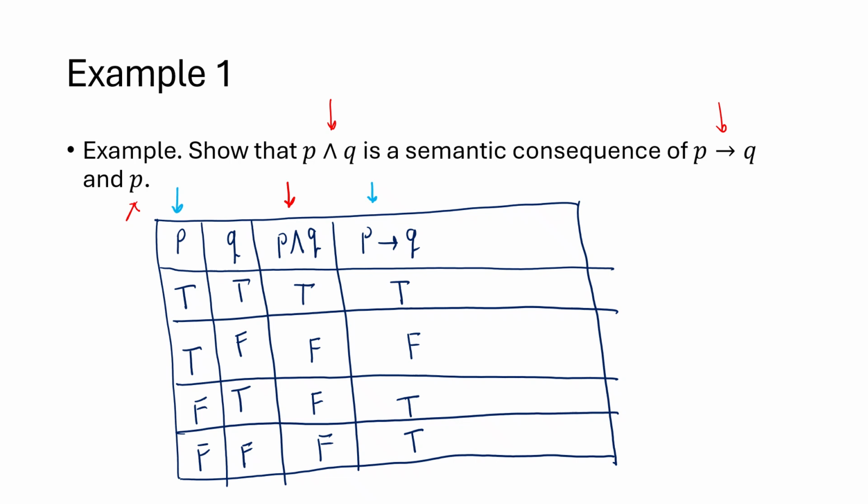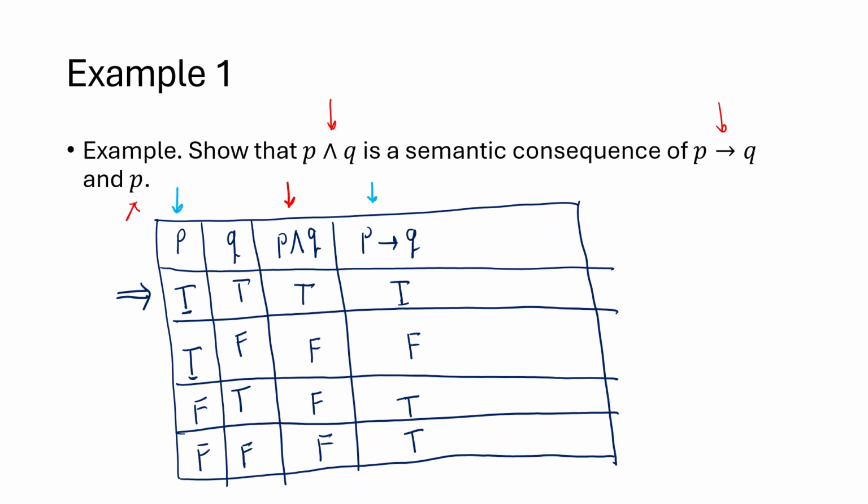Now the next step in the algorithm says we need to focus on rows where both my premises, in this case, are true. So first row, the first premise is true and the second premise is true. So this is a row of interest. Second row, my first premise is true, but my second premise is false.